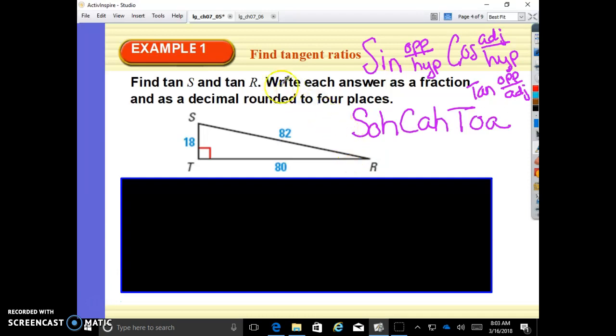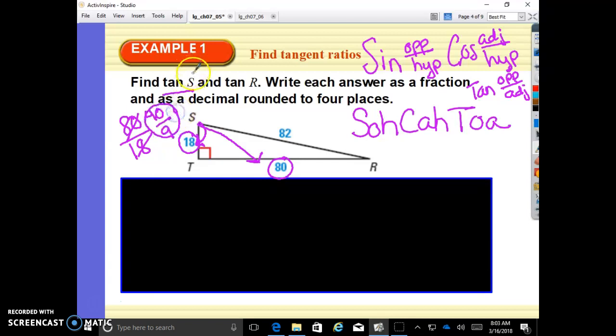So, if we're looking for the tan of S, we go to angle S right here, and tan, TOA, opposite of angle S is 80 over adjacent. Adjacent means next to it, but not the hypotenuse. So we would have 80 over 18, which reduces to 40 over 9.